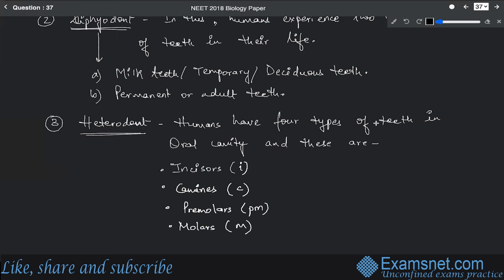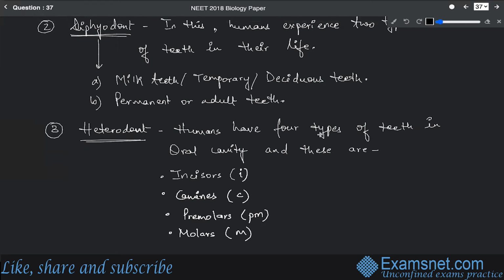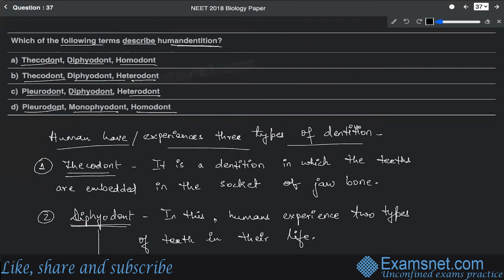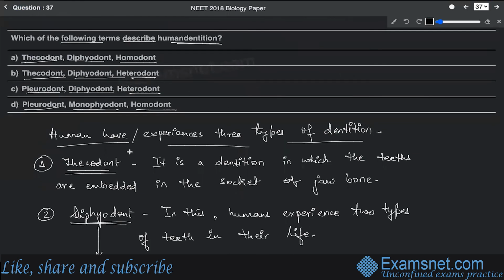That's why it is called heterodont dentition. Now let us take a look at the options given above. So it is thecodont, diphyodont, and heterodont. Thecodont, diphyodont, homodont, no.